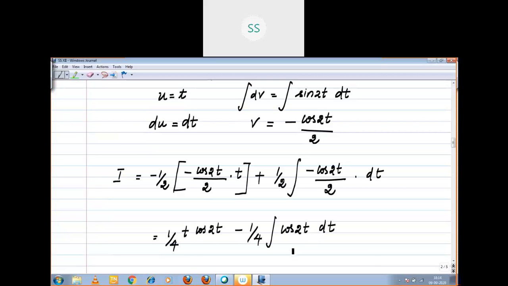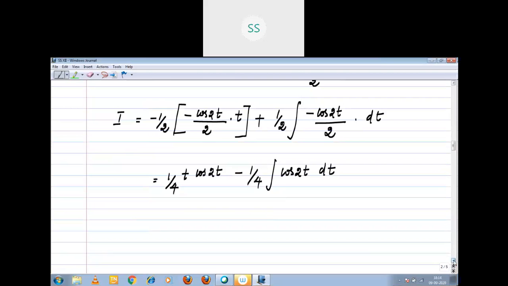Now you want to integrate. So 1 by 4 t cos 2t minus 1 by 4 into sin 2t divided by 2 plus c.